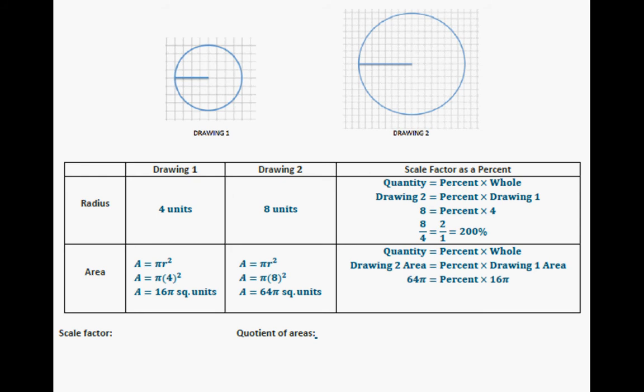So 64 pi is equal to percent times 16 pi. Here's where I was talking about pi going to end up canceling each other out. So we end up with 4 over 1, or 4, which is 400%. So the scale factor, if we're just talking about the radius, is 2, and then the quotient of the areas would be 4, because again, 4 over 1 is 4.